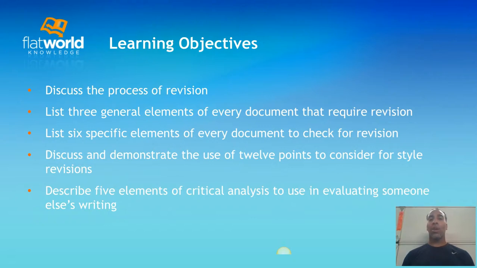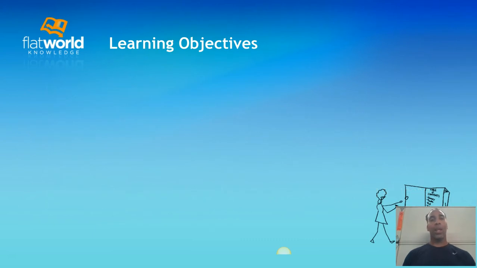So we'll talk about how you should be evaluating someone else's writing and the way to prompt a very two-sided conversation in terms of what they actually need to revise, as opposed to you just saying, hey, this is what you should do, not getting any feedback, and having it more like a lecture as opposed to an interactive discussion.